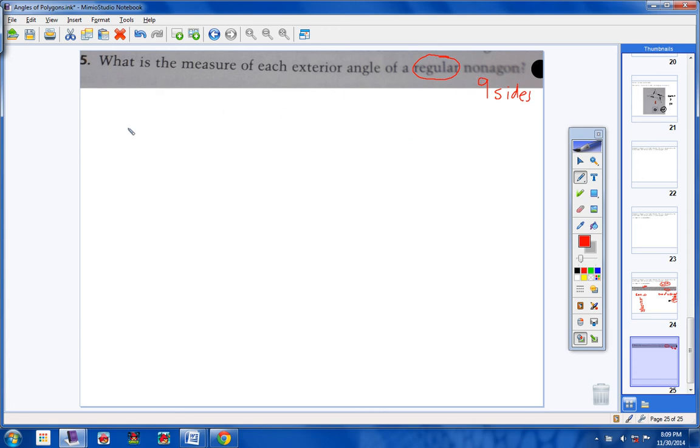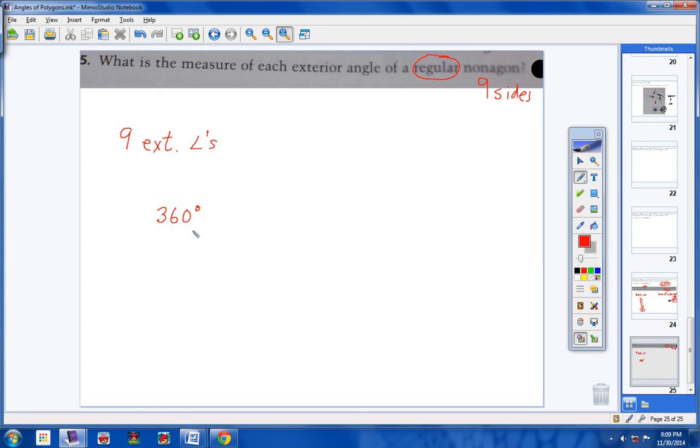Now, my nonagon has how many sides? 9. So how many exterior angles does it have? 9. So I have 9 exterior angles. Okay? Now, if I add up all 9 exterior angles, what do I get? 360, right? Remember, the sum of exterior angles always adds up to 360.